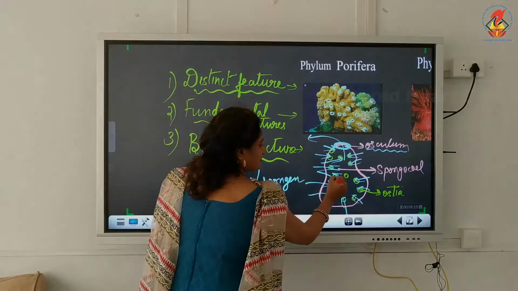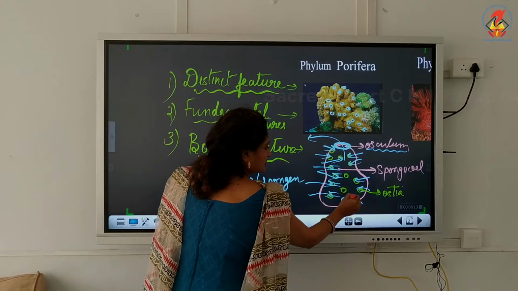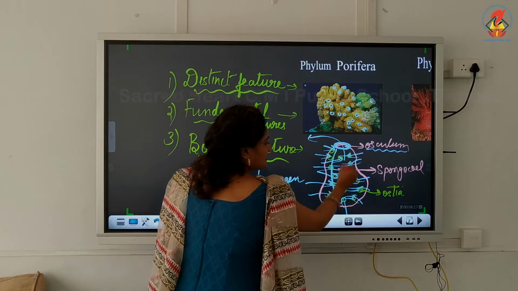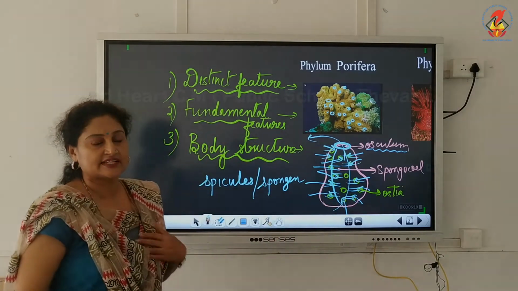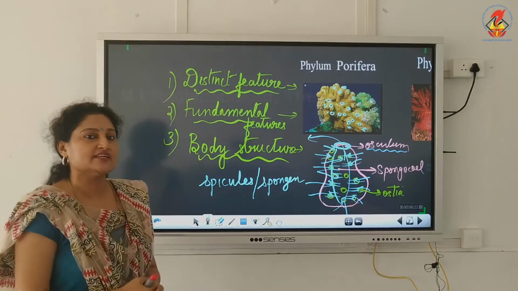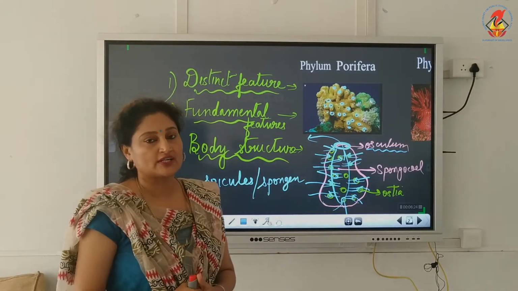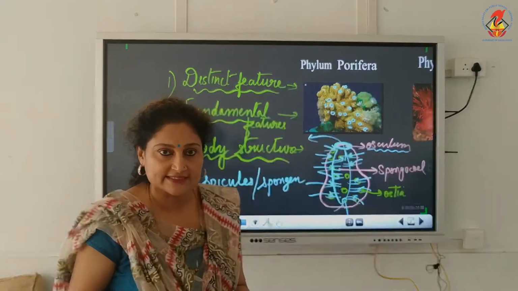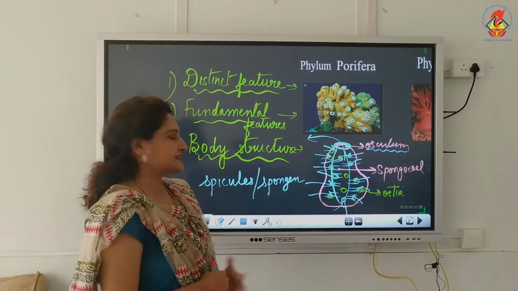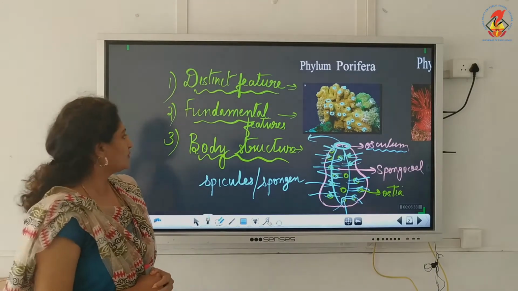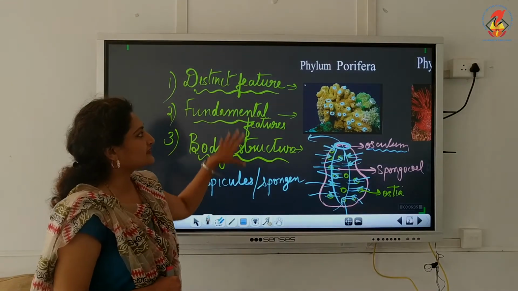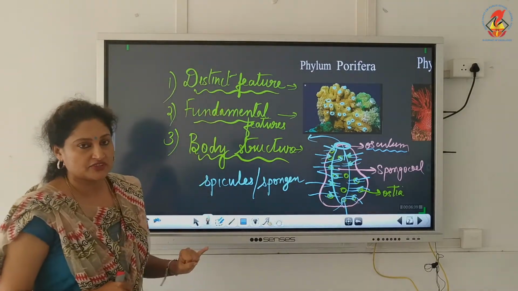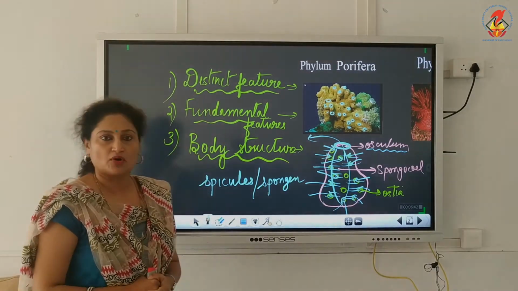The cavity inside, called the spongocoel, is lined with cells called choanocytes or collar cells. So the spongocoel is not smooth, it's lined with cells called collar cells or choanocytes. So this is all the detail coming under Porifera, the salient features, which should include the distinctive feature, the fundamental features and the body structure.